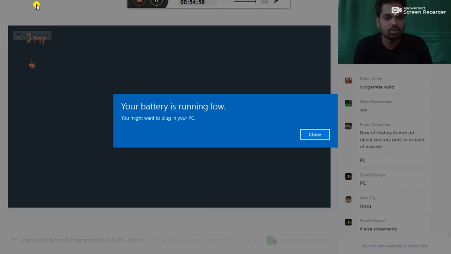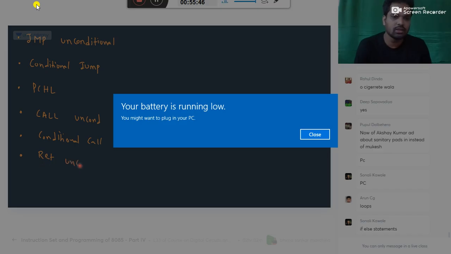Unconditional jump, conditional jump, PCHL, then call, in that also unconditional call and conditional call, then return, unconditional and also conditional return.